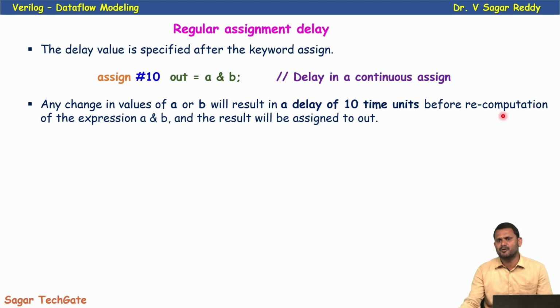What is the meaning of before recomputation? If I specify #10, it holds for 10 time units, then it evaluates A and B, then assigns to out. It won't evaluate the expression until it waits 10 time units.